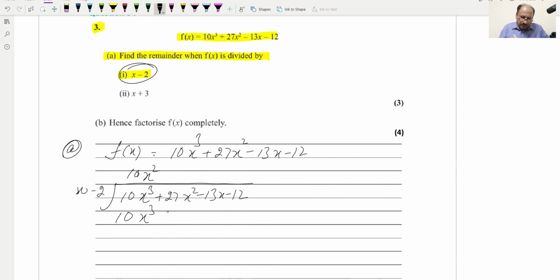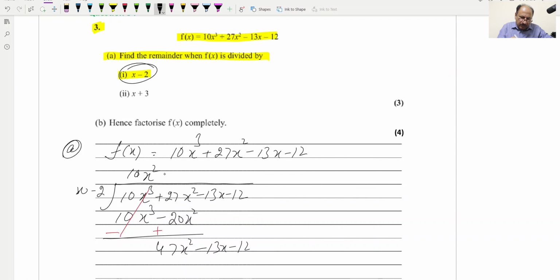We are multiplying this, so plus 10, so it is minus 2, so minus 20x squared, and now change sign, and this will be minus, this will be plus, and after cancellation this will be cancelled, and this will be 47x squared minus 13x minus 12.